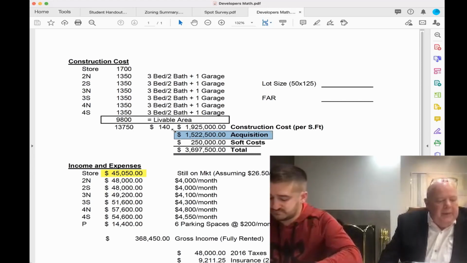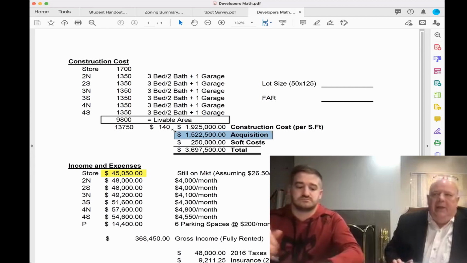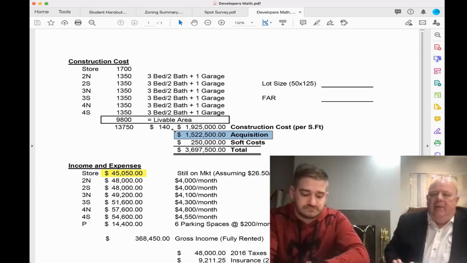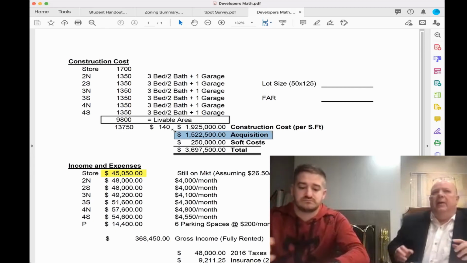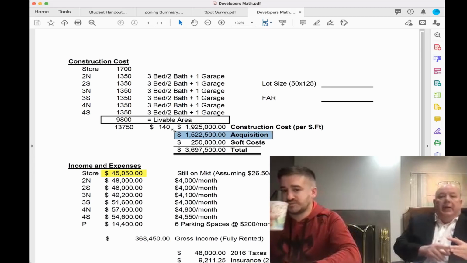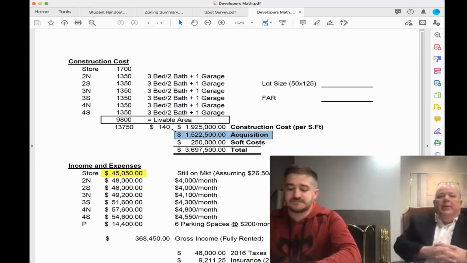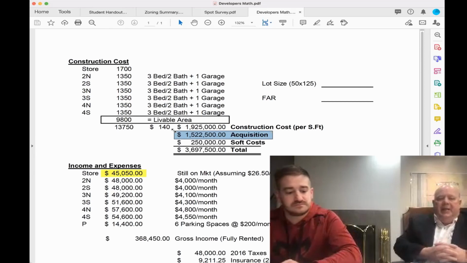He's building 13,700, so you have 30% waste here. Typically in a building, you wind up with about 15 to 20% common areas, hallways, elevators. Your decks are included in the building square footage. The garages are not, but the decks are.